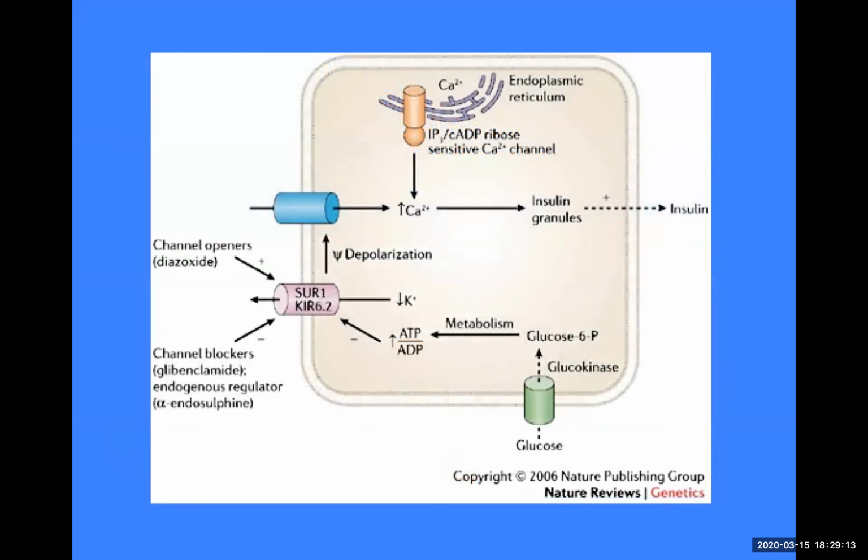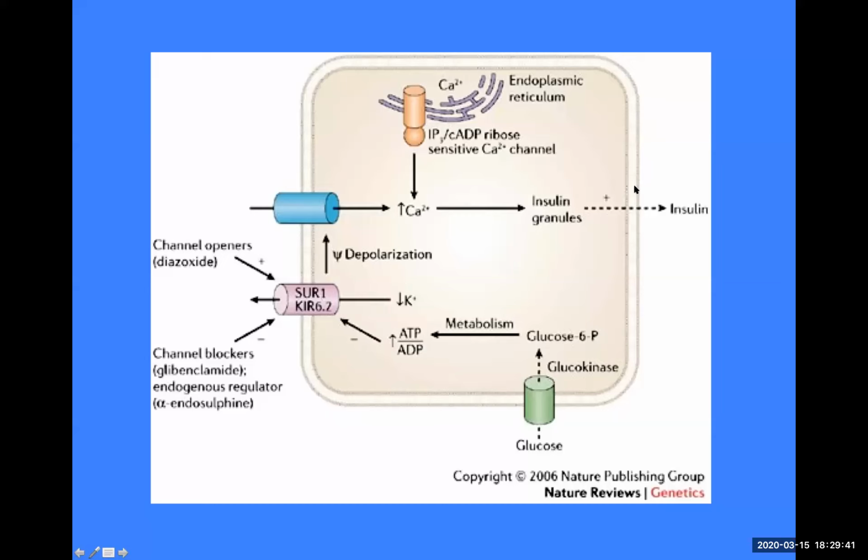I mentioned that we know the GI mechanism. It turns out these same mechanisms are also used in the pancreas. This is a picture from a pancreatic cell, a pancreatic beta cell that releases insulin. What you can see is that all of this mechanism, glucose coming in, glucokinase metabolizing it, ATP going up, potassium channel closing, is exactly the same in the pancreas as it is in the brain.